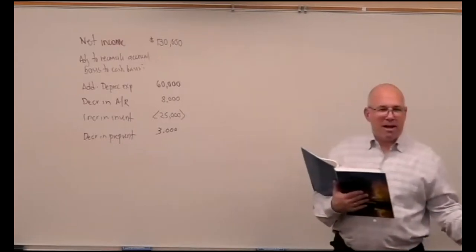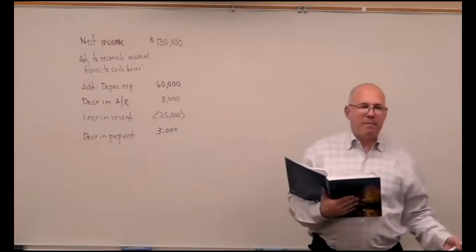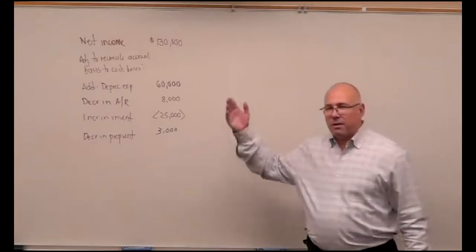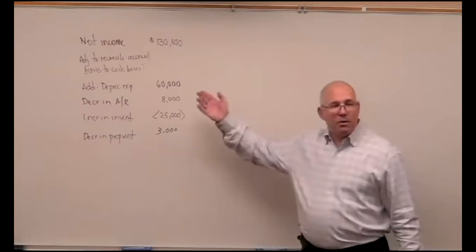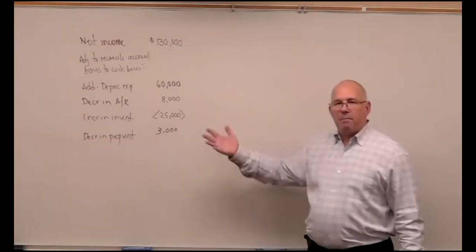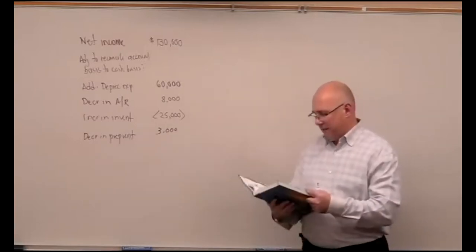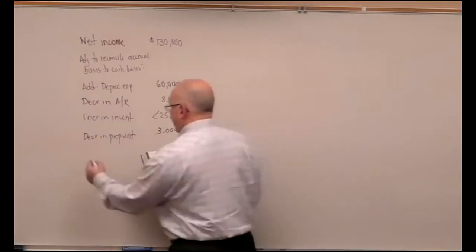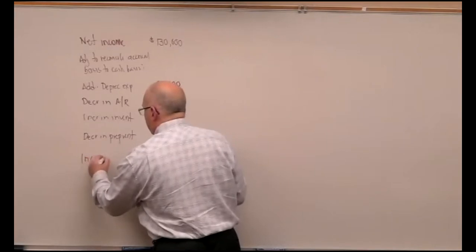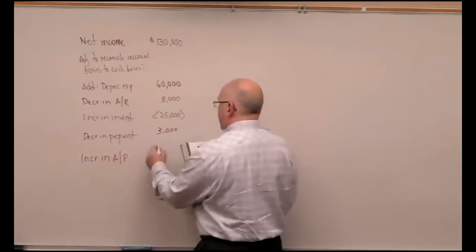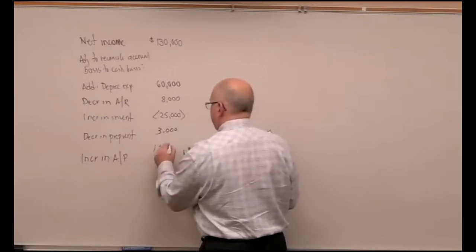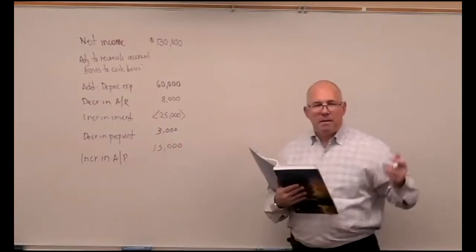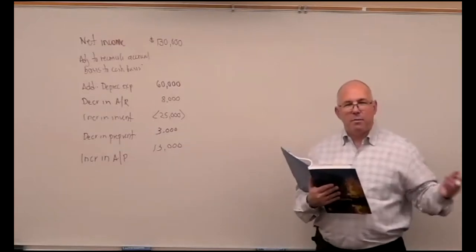So if prepaid rent is decreased by crediting and we debit rent expense, then that rent expense is reducing income, but not using cash. So we've got to add it back to get the cash basis effect. Accounts payable went up 13,000. Positive or negative? Positive. Payables went up, which means that portion of expenses wasn't paid in cash.